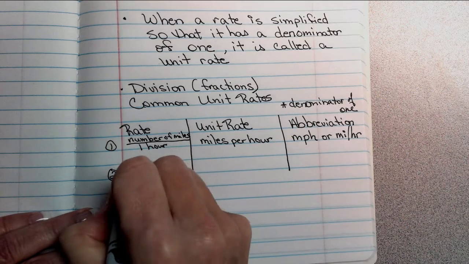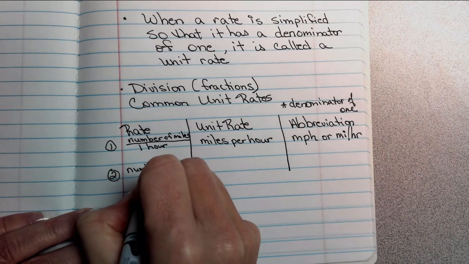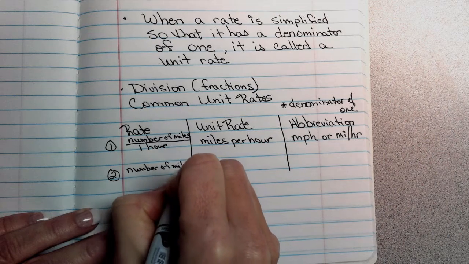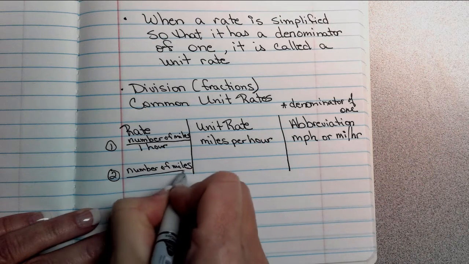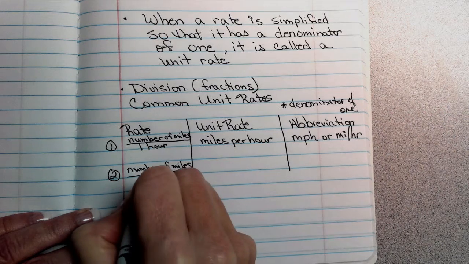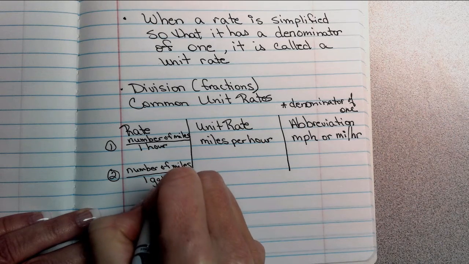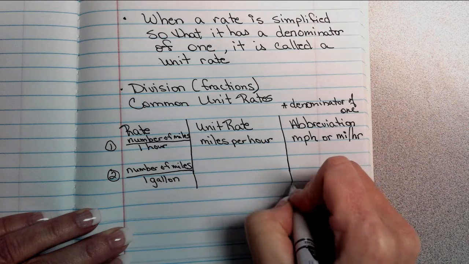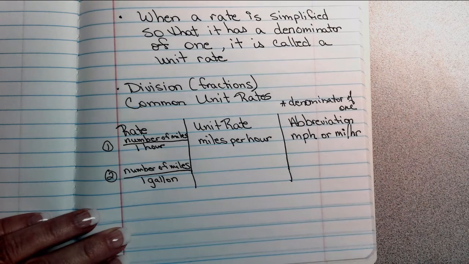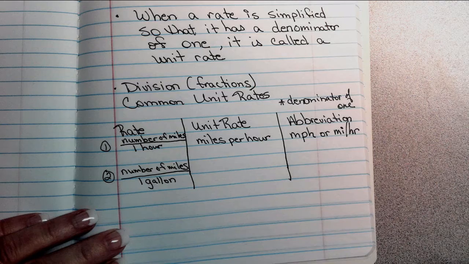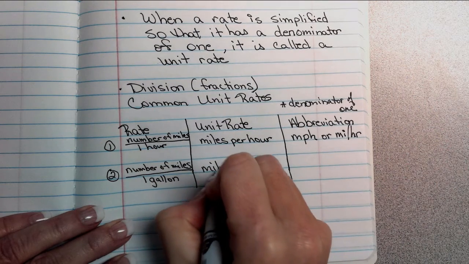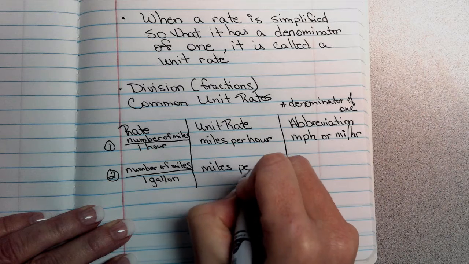Next, we could talk about the number of miles in 1 gallon. Okay. So now I'm talking about what kind of gas mileage my car is getting. So miles per gallon.